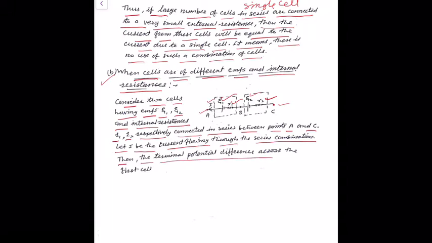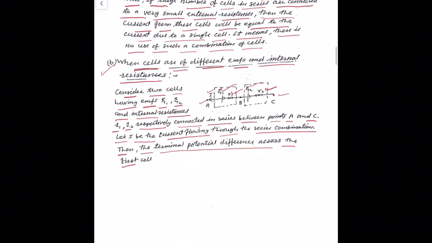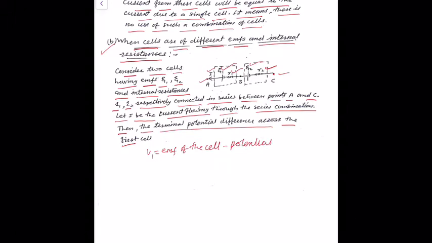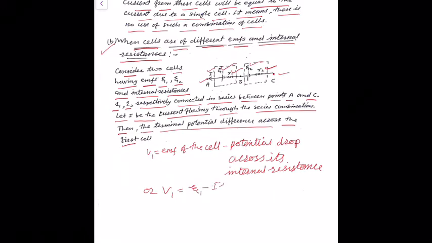Then the terminal potential difference across the first cell, V1, is equal to the EMF of the cell minus the potential drop across its internal resistance, or V1 is equal to E1 minus I r1.